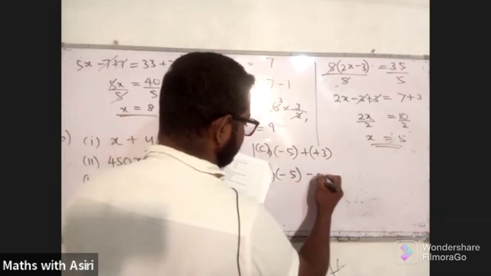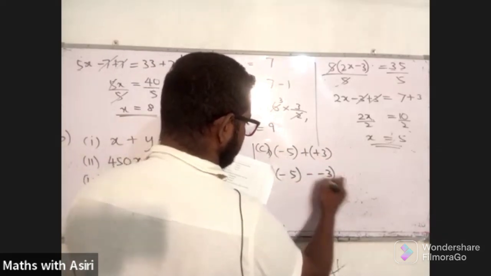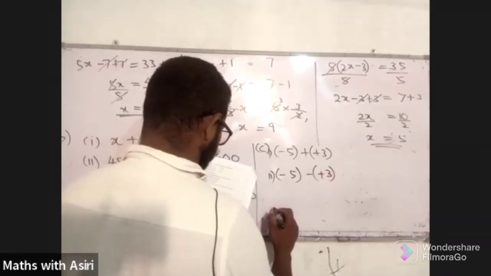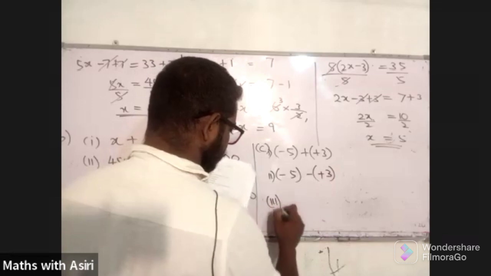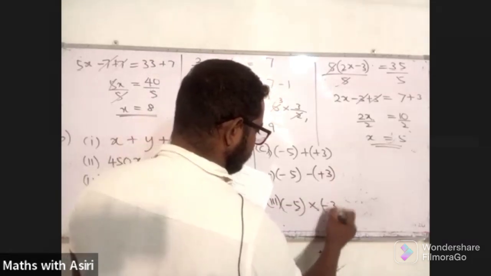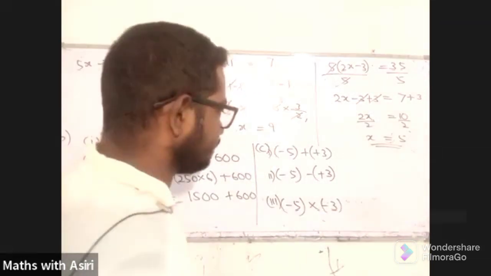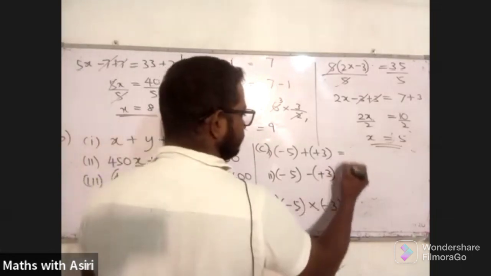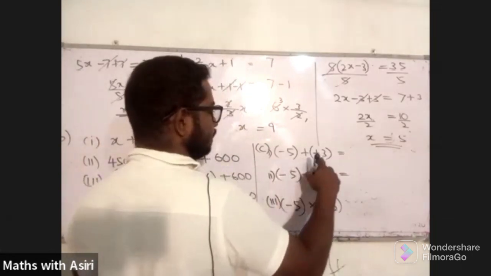So I write that as -5 minus +3. Third, -5 by -3. Let's consider these 3 sums. First one, -5 plus +3.